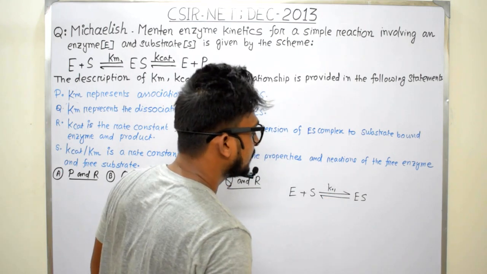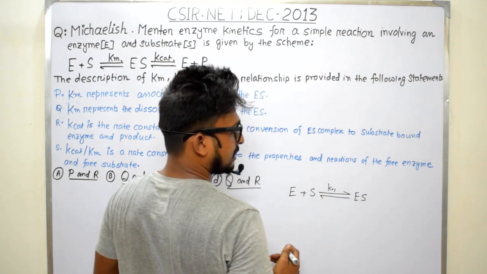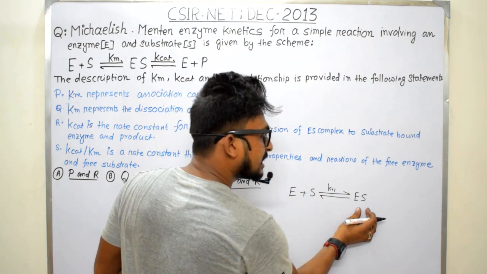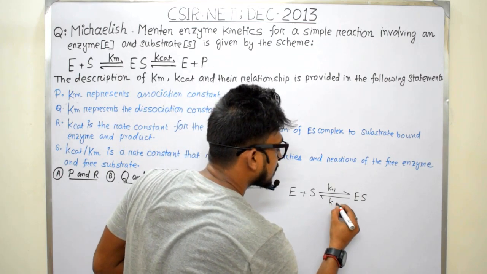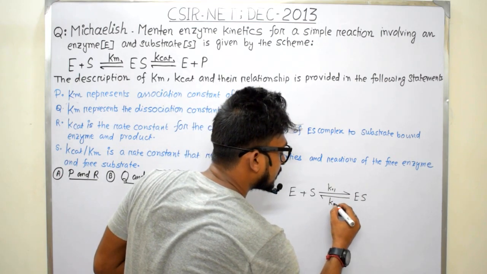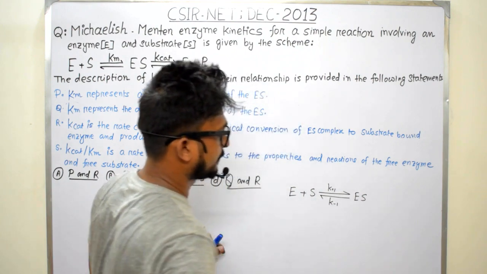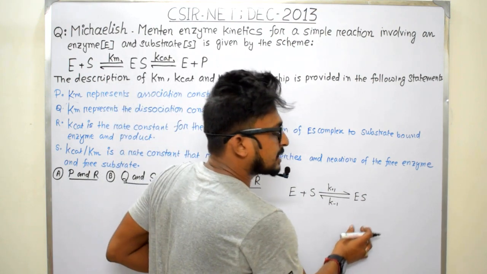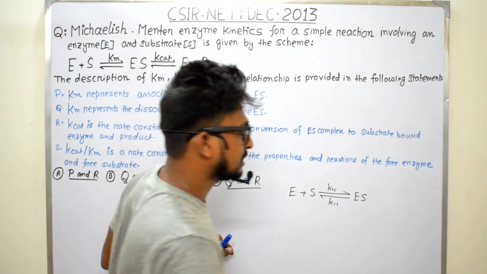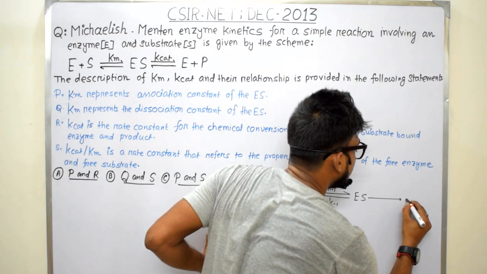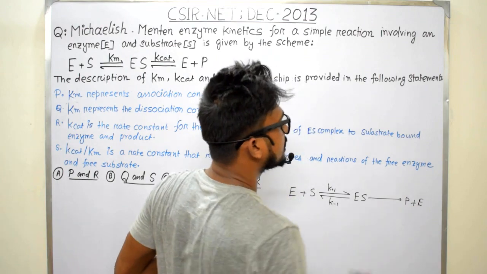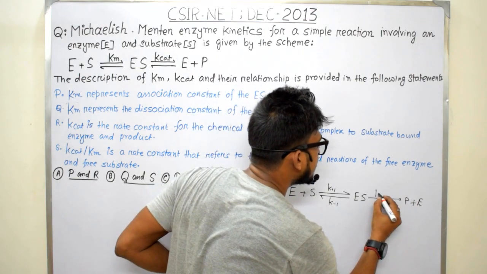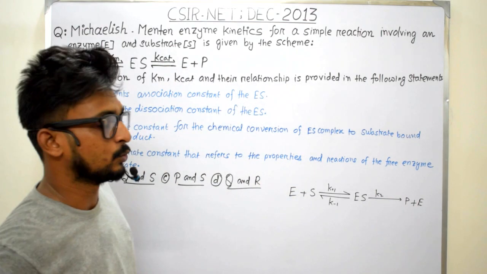The rate of the backward reaction from the enzyme substrate complex to enzyme and substrate is determined by lowercase k minus 1. Once the enzyme substrate complex is formed, the substrate will be converted into the product and the enzyme will be free, and the rate of this reaction is determined by lowercase k2.